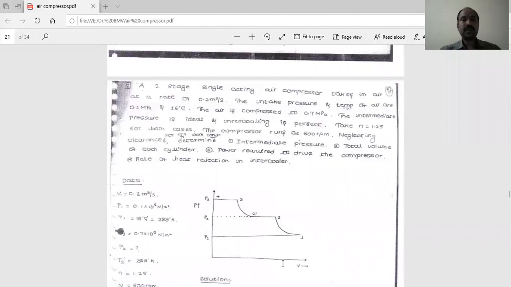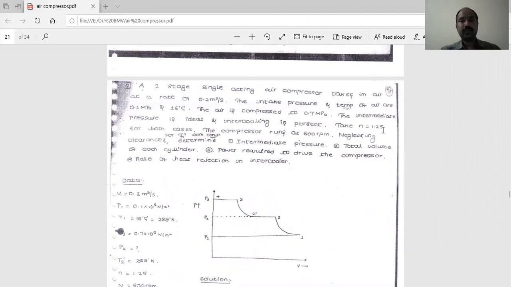Then another problem. A two-stage single acting air compressor takes in air at a rate of 2.2 metre cube per second. Intake pressure and temperature of air are 0.1 megapascal and 16 degrees centigrade. The air is compressed to 0.7 MPa. The intermediate pressure is ideal and intercooling is perfect.